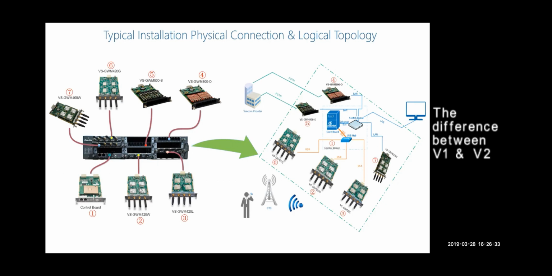So it's very easy to have high density, a lot of channels, and it's very easy to manage. Do you have more questions about the difference?